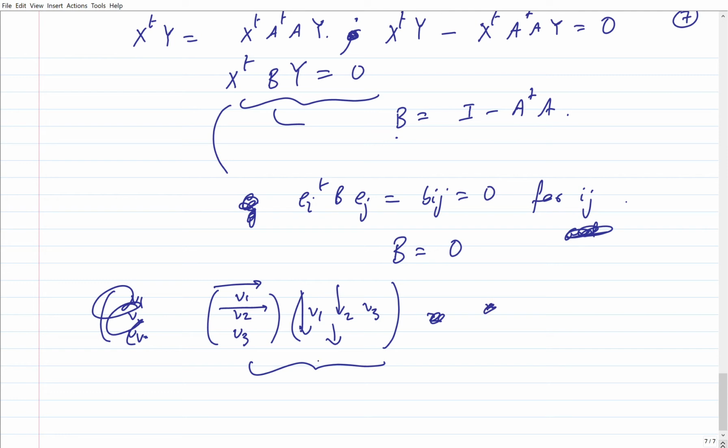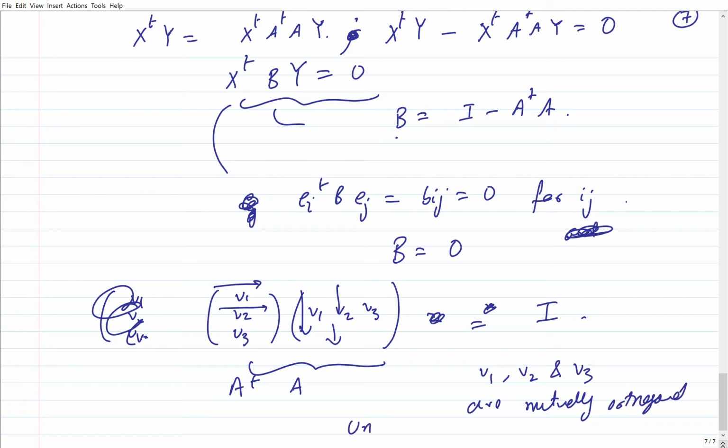So this has to be an identity matrix because this is A transpose times A. So that means that V1, V2, and V3 are mutually orthogonal unit vectors.